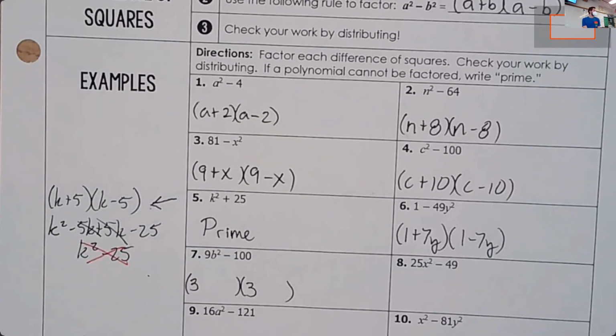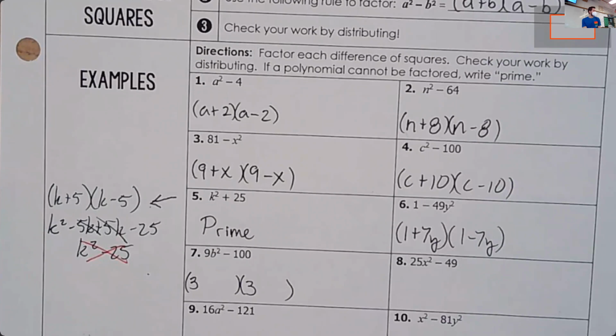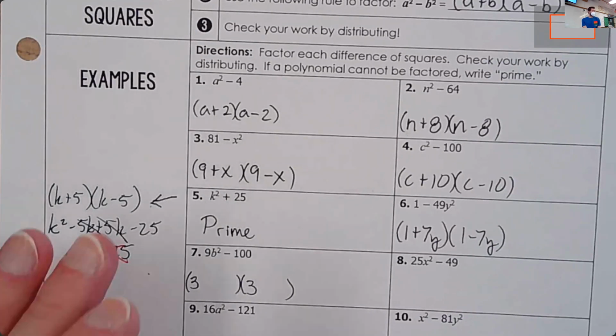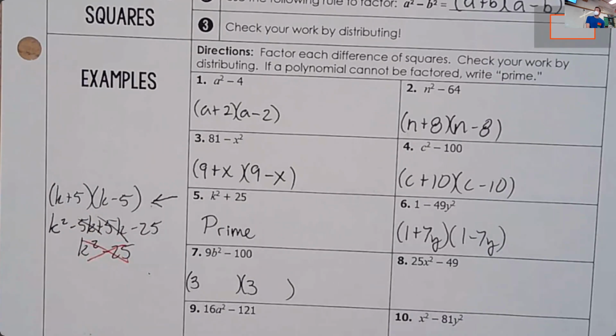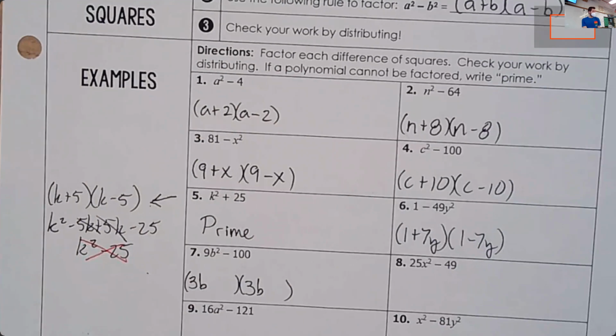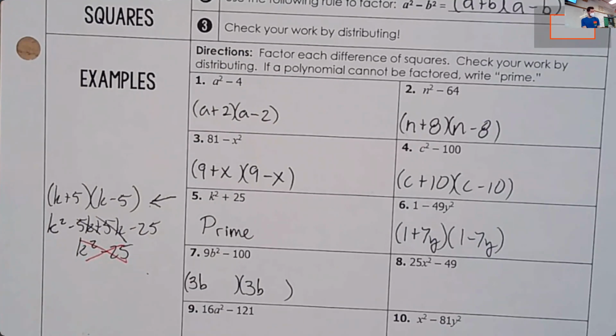Or what multiplies by itself to equal 100? B. So b times b is b squared.